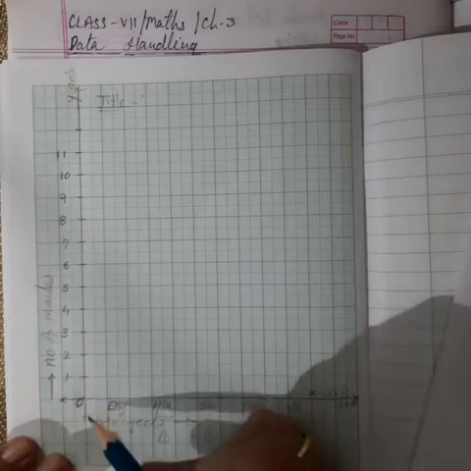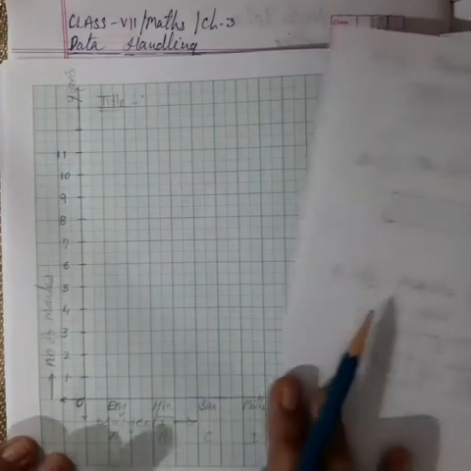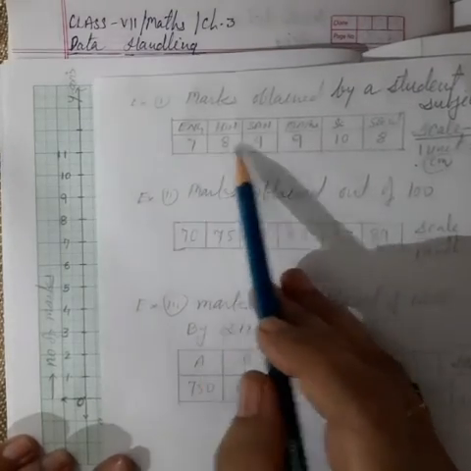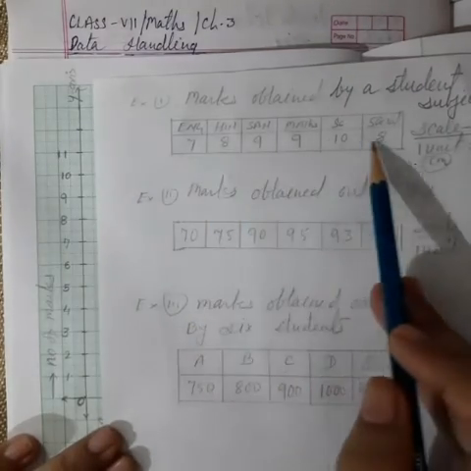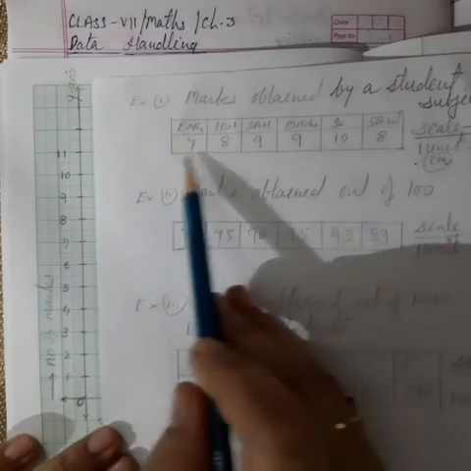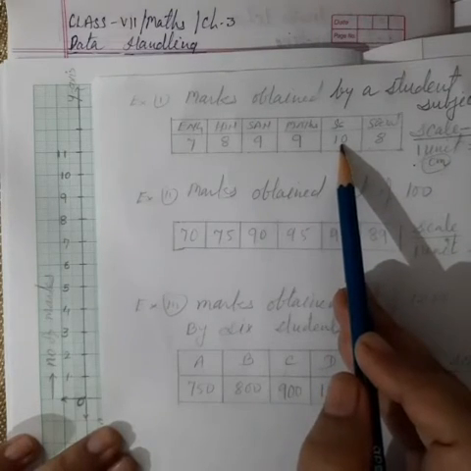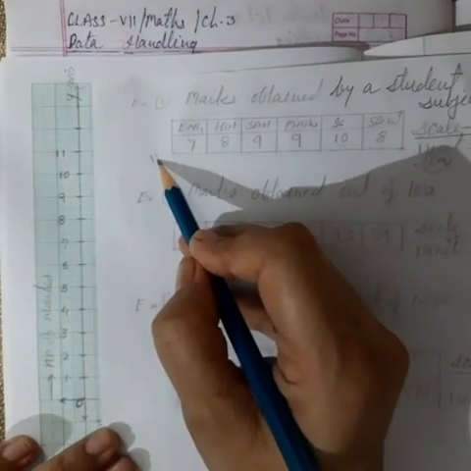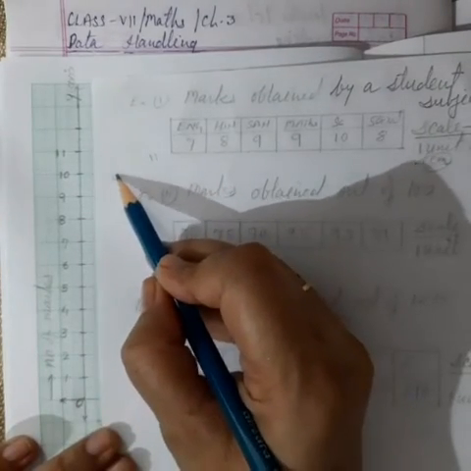Now we have to take the scale for the y-axis. How to choose the scale? First of all, we have to observe the data, observe the numbers given in the data. So here the maximum value is 10. So we will take a little greater value. So we will take 11, and always we have to start with 0.